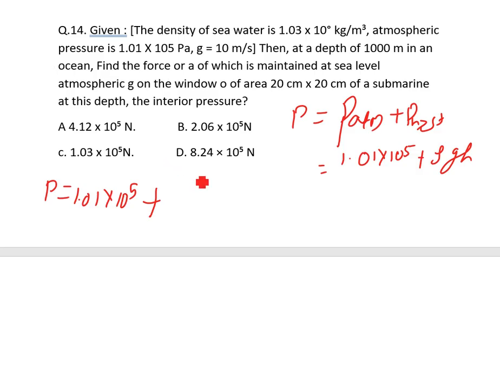rho is given. It is mistakenly written, its power is 3, not 0.